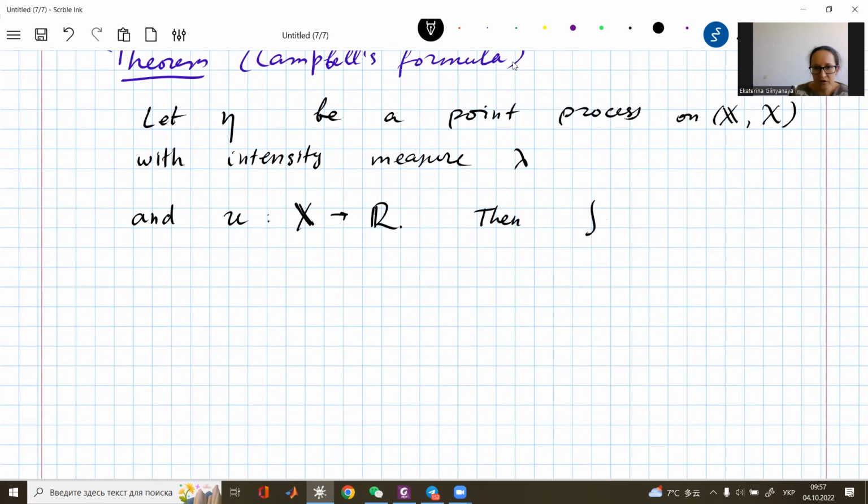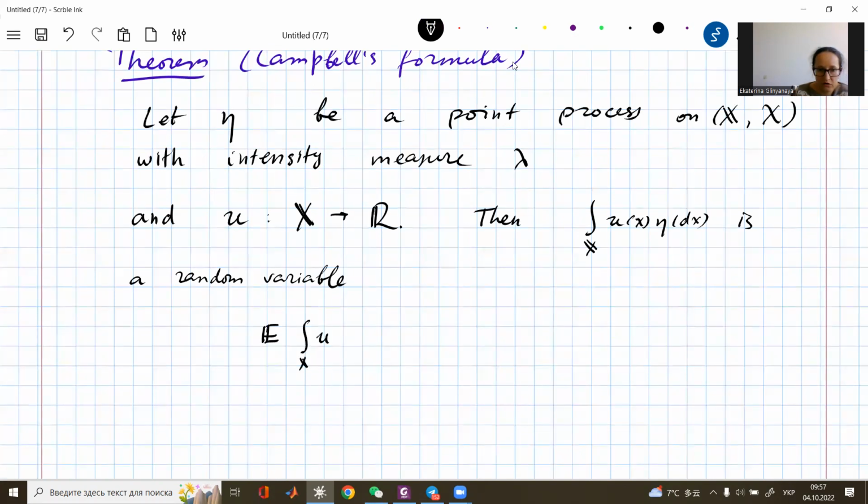Then the integral of u(x) eta(dx) is a random variable, and this means that we can find its expectation, and the expectation of the integral is equal to just the integral of the same function, but with respect to the intensity measure.